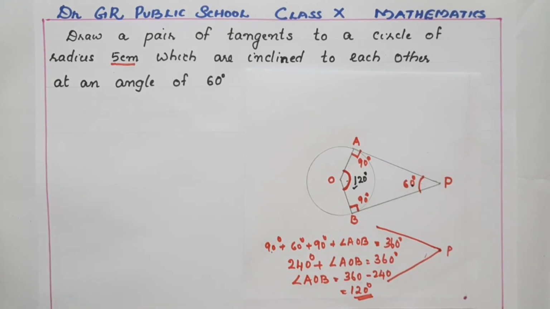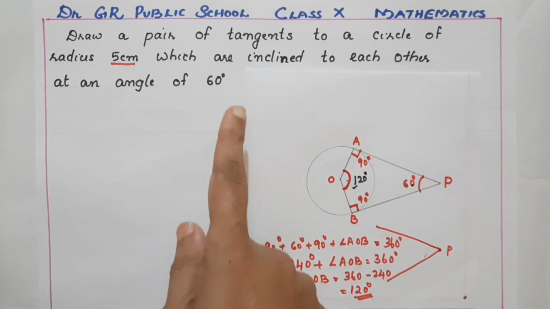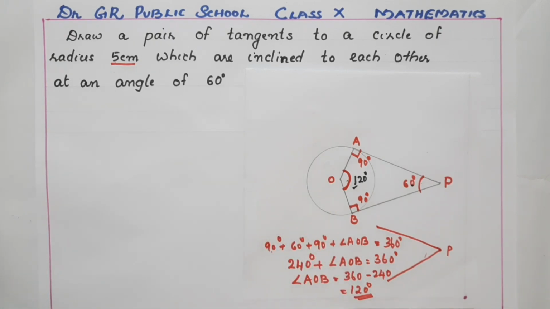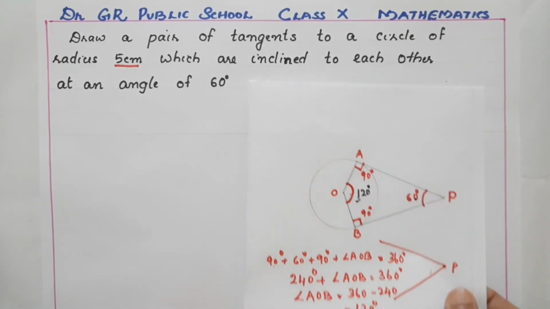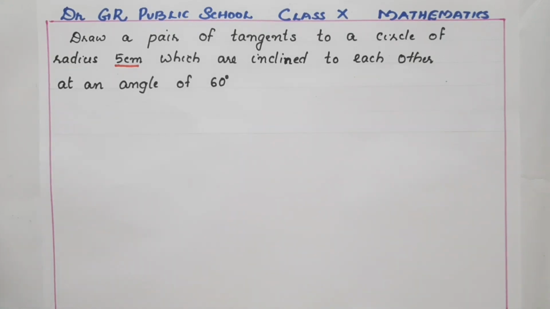Now we are using all these properties to draw the tangents which are inclined to each other at an angle of 60 degree. Okay children, let's start the construction. So first we have to draw a circle of radius 5 centimeter.